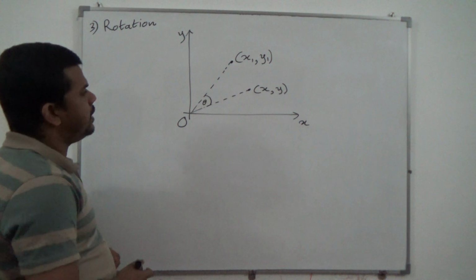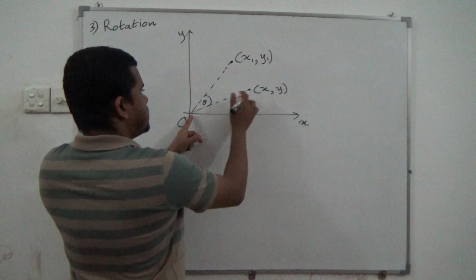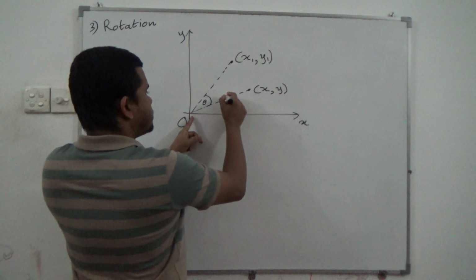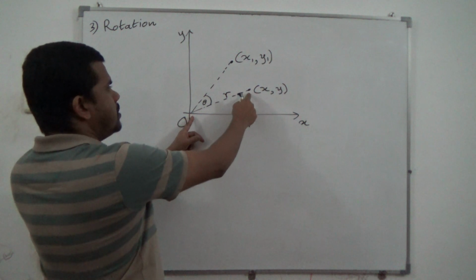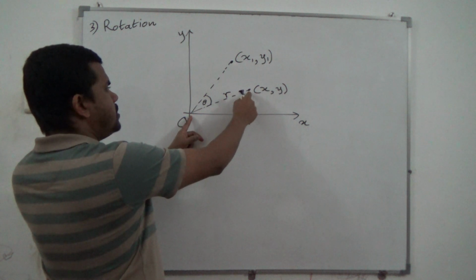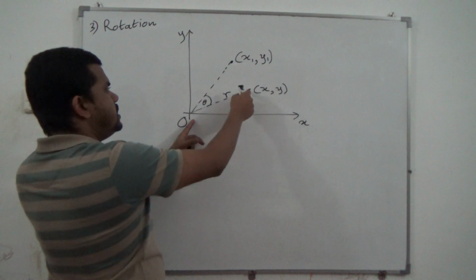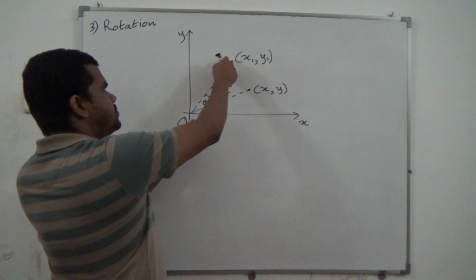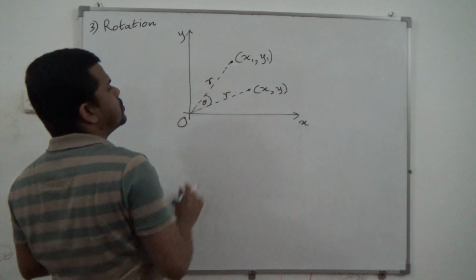In order to do that, now this length is r. This length is r. When this point rotates around the origin in anticlockwise order, again this length is also r.